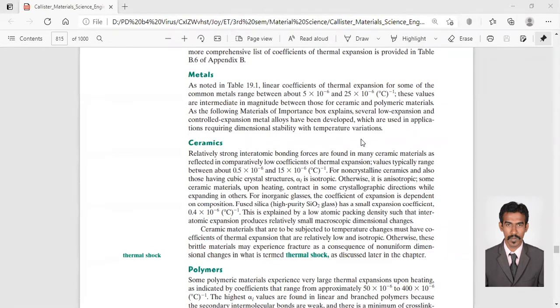Usually when we heat, the material will expand, which means the dimension is higher. So for materials which need thermal stability, we develop some materials; we make kinds of alloys.